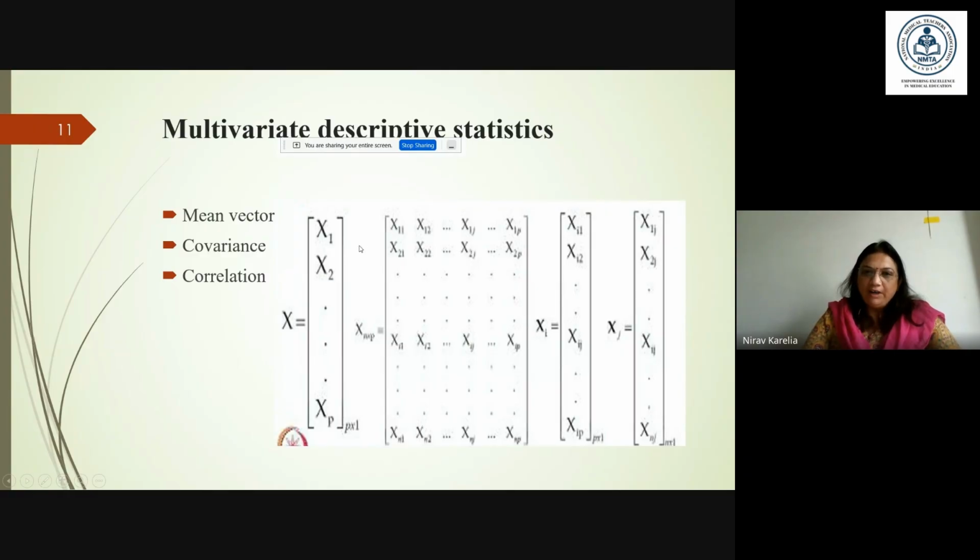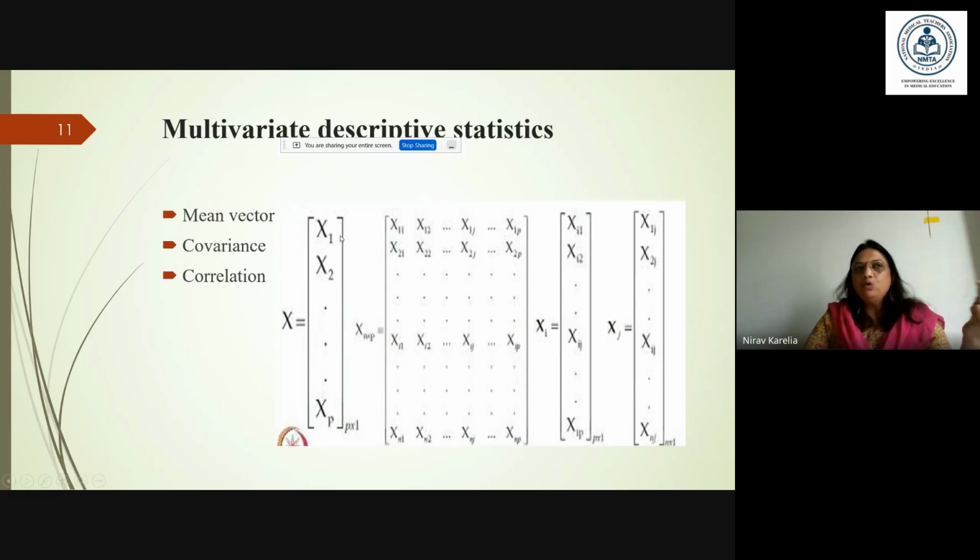Suppose this is 1, 2, up to P. So what is this? It is the number of observations, that is, the number of patients. Suppose I have 10 patients or 20 patients. Let's take the example of 10 patients. So X1, X2: patient number 1, and age is one variable.